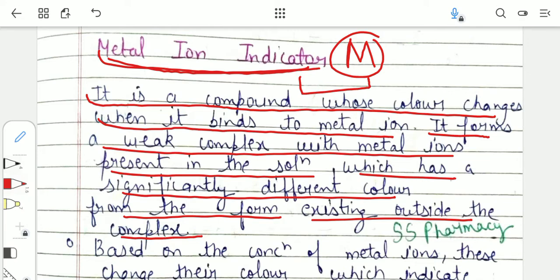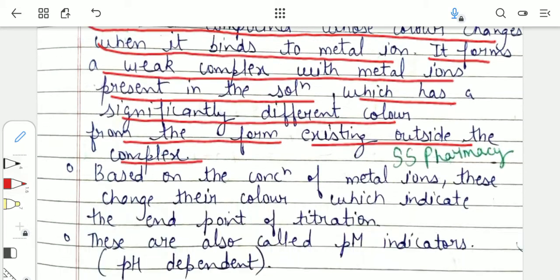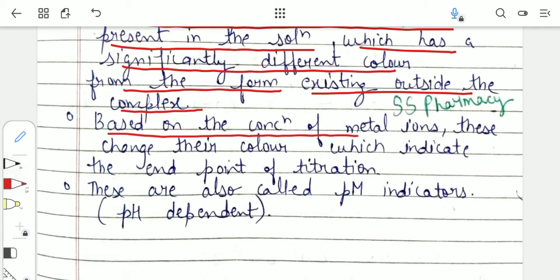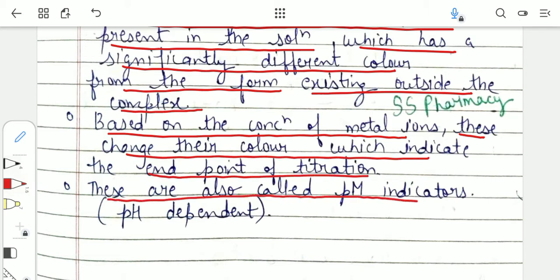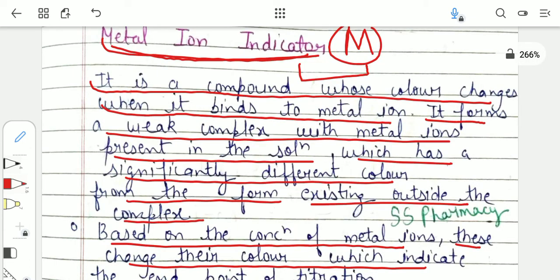Based on the concentration of metal ions, these change their color, which indicates the endpoint of titration, and these are also called pM indicators because they are pH independent. So this was just the basic of our metal ion indicator.